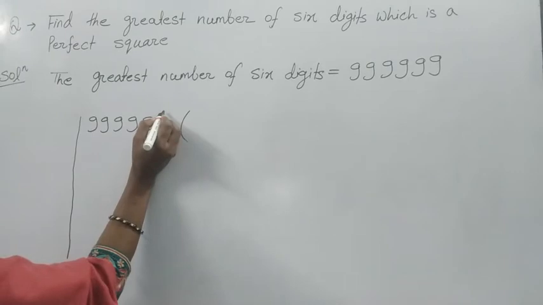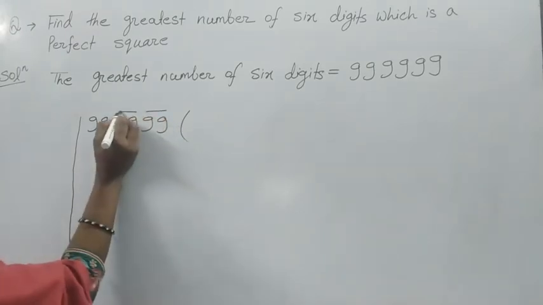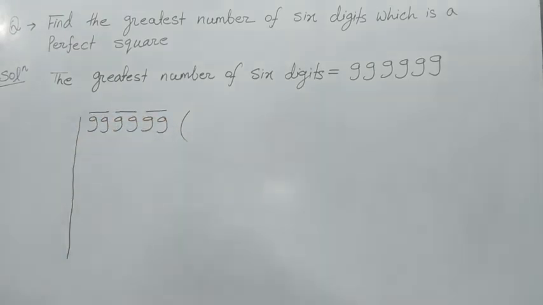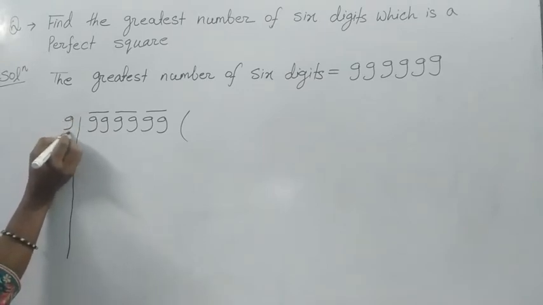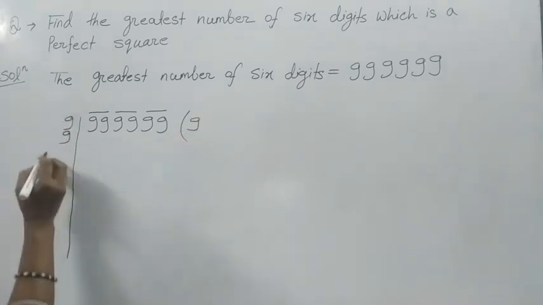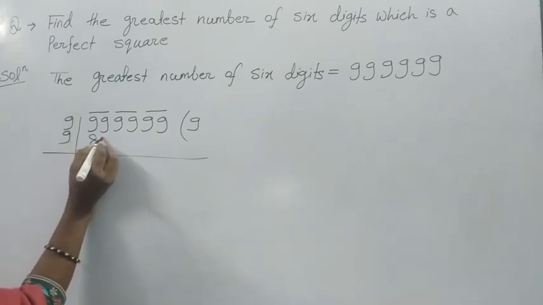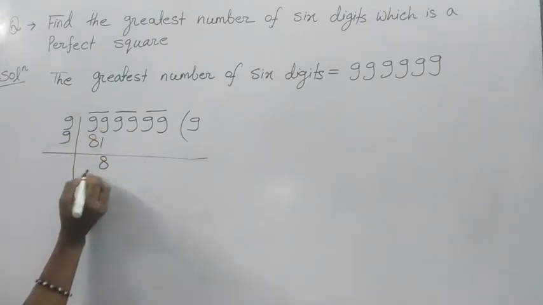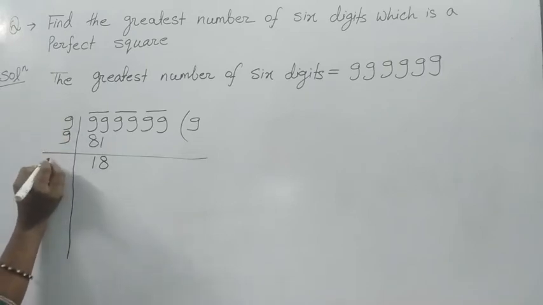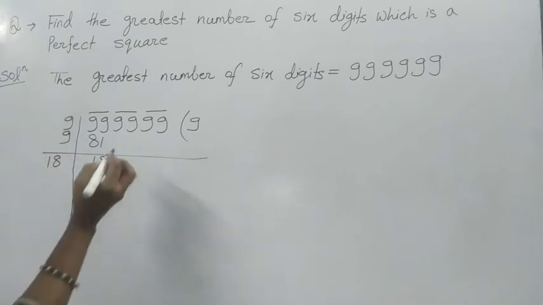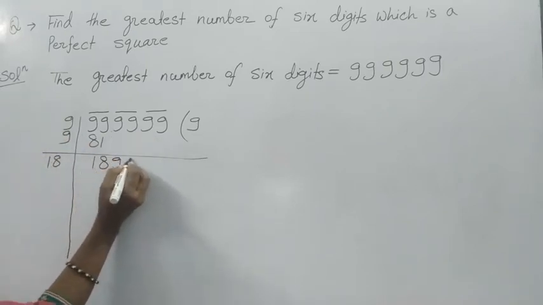So first of all, make the pairs, first pair, second and third pair. Now here we use 9 and write 9 here. Now multiply these two numbers, 81, so we get 18. Now add these two digits, 180. Now write down another pair.